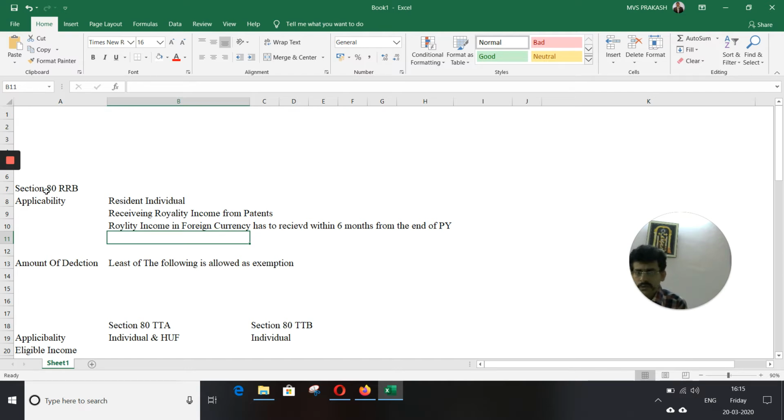That entire amount of royalty income should be received, or else the deduction is allowed only to the extent received.